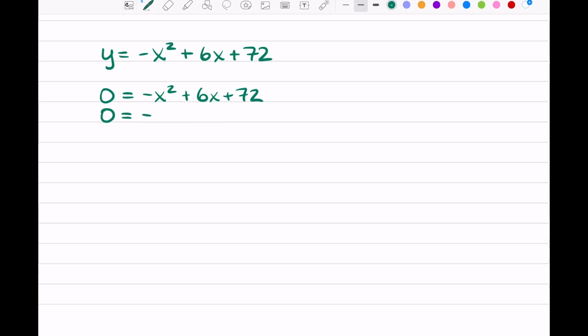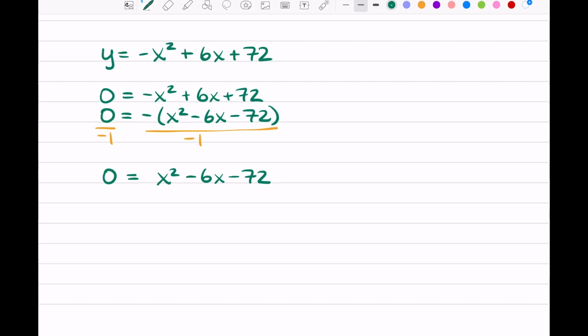Let's start off by factoring out a negative 1. So we'll get x squared minus 6x minus 72. And if we divide both sides by negative 1, then that negative disappears. We get 0 equals x squared minus 6x minus 72. And now that we don't have a negative here, it's easier to factor.